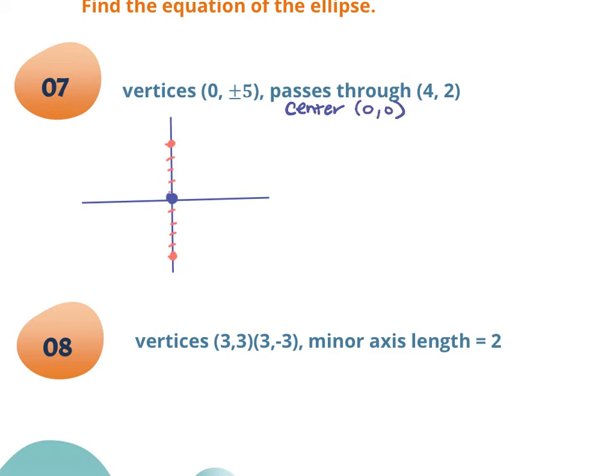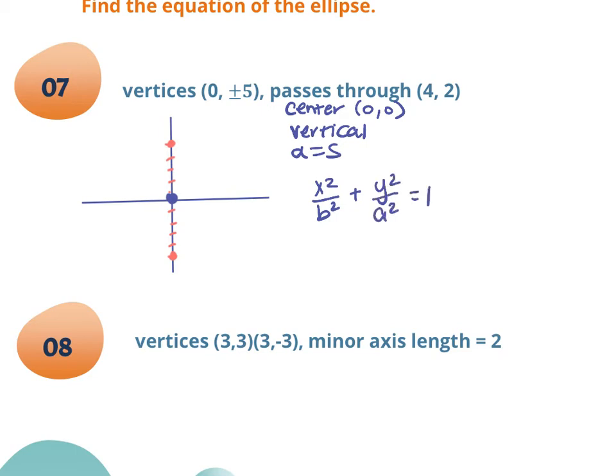Vertices at 0, 5. So I know this is what? Vertical. What else do you know? A is 5. So I know it's x squared over b squared, y squared over a squared, because it's vertical.